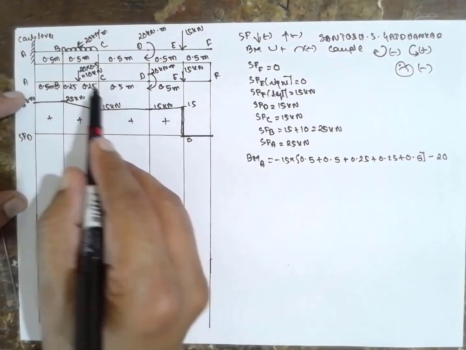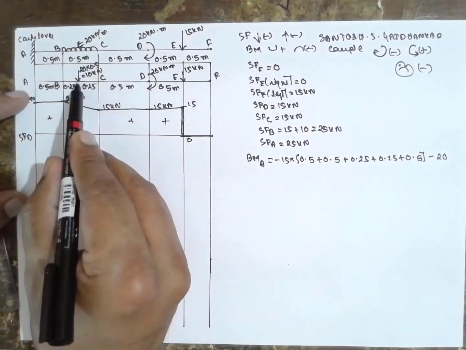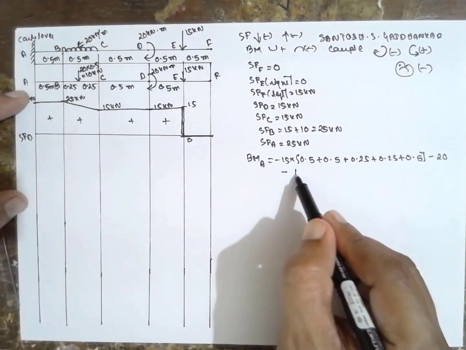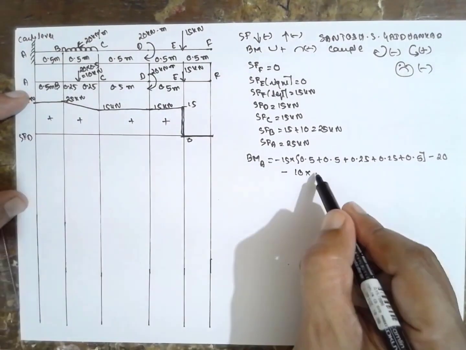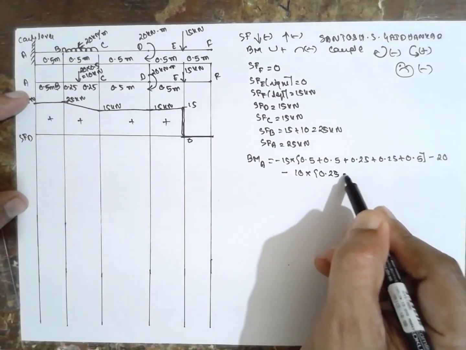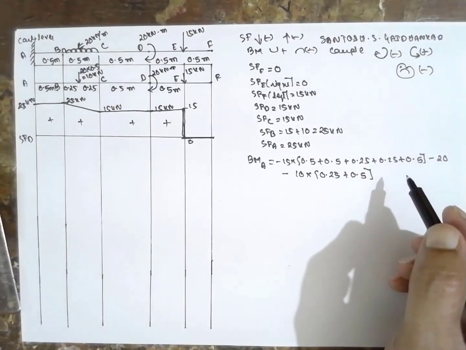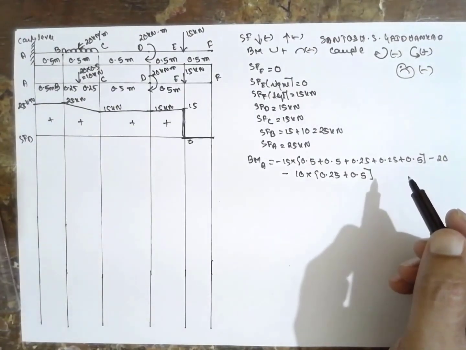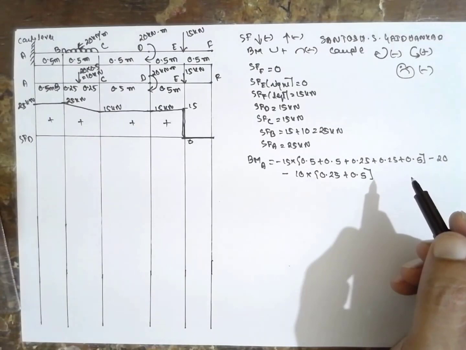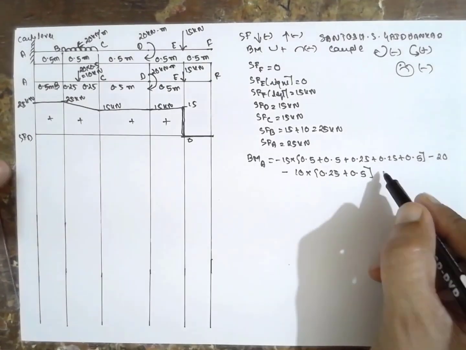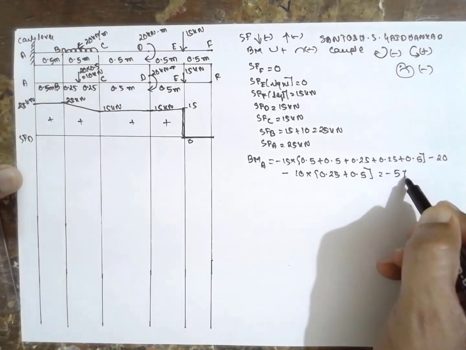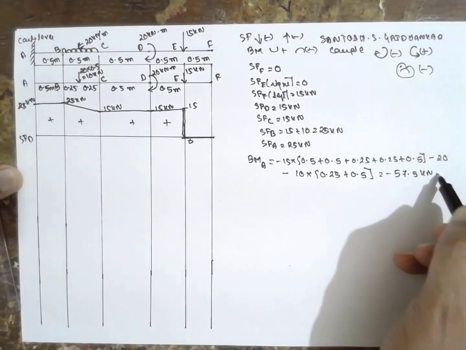Next, minus 10 into distance, that is 0.25 plus 0.5. Answer will be minus 57.5 kilonewton meter.